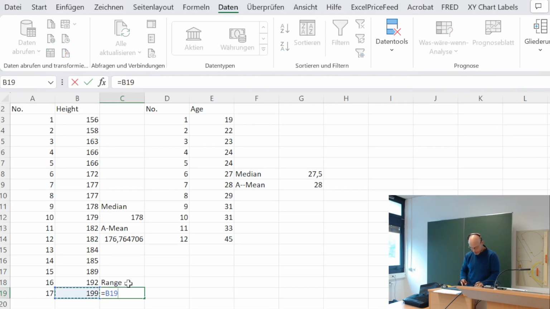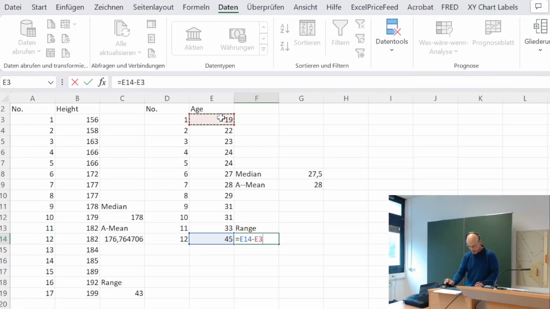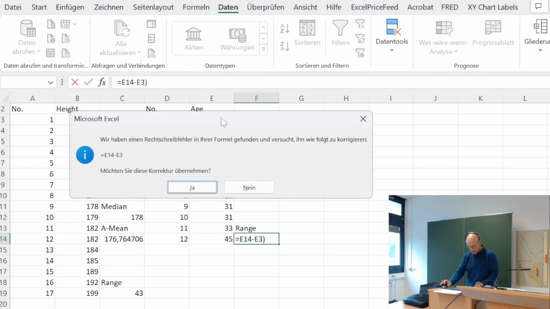It is 199 minus 165, and here we have the range as 45 minus 19.